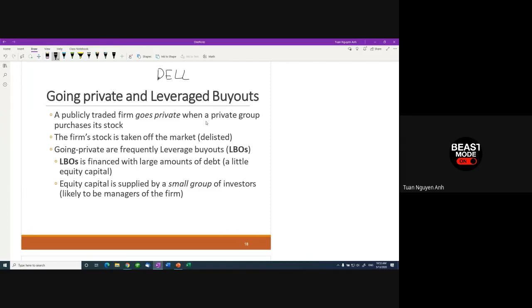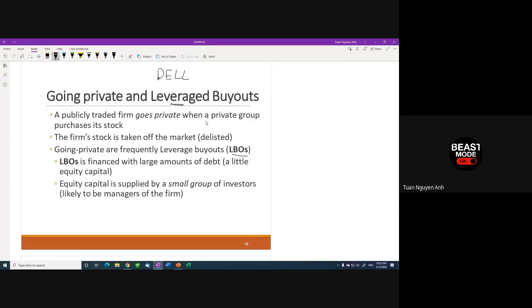Going private frequently uses leveraged buyout techniques. Leveraged buyout, you can see here, is leverage. Most of the time they use debt to buy the equity capital. To go private, they have to buy the shares, so in a leveraged buyout they use debt to buy shares.